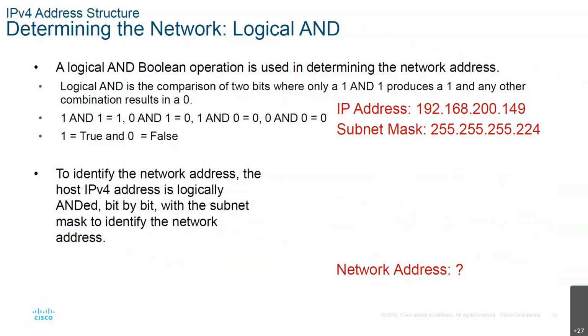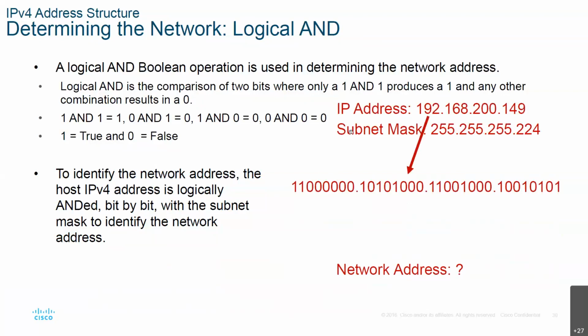So what are you going to do? You're going to do ANDing and solve the problem. Let's do it together. How do we do ANDing in this situation? First, convert this IP address into binary format. Done. 192 converted, 168 converted, 200 converted, 149 converted.